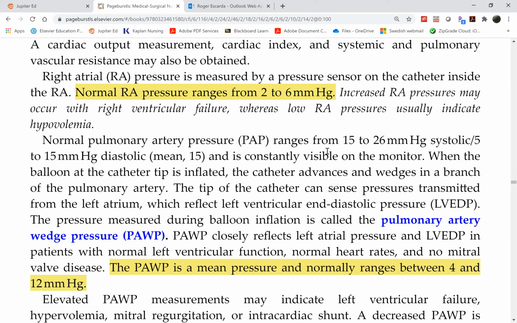Depending on the reading, for instance, if I have a right ventricular MI, what will you see on my right atrial pressure? What pressures will be registered then? 2 to 6. So it'll be normal?